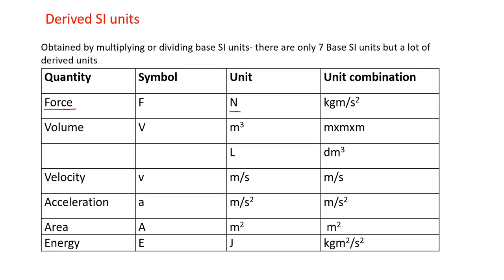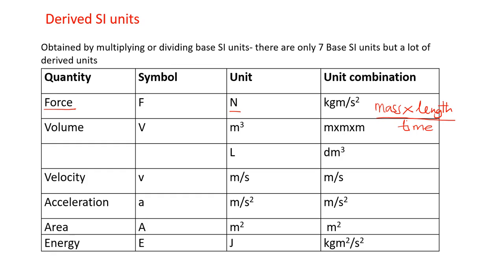But to get to a Newton, you need to multiply mass, that is in kilogram, times length, that is in meters, and then divide that by time in seconds. And because a Newton is obtained by multiplying and dividing, the Newton is a derived unit.